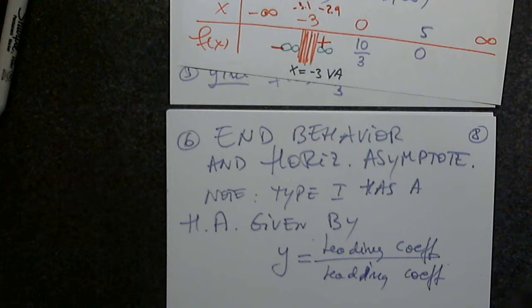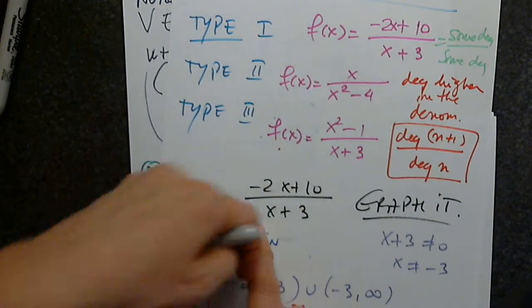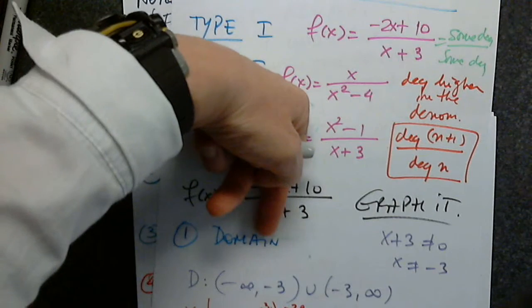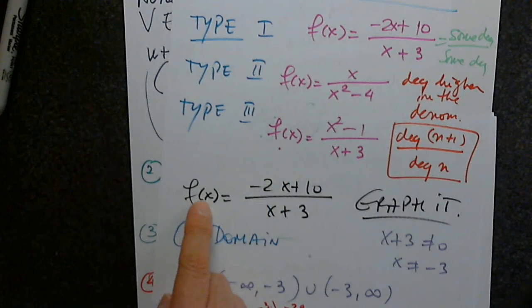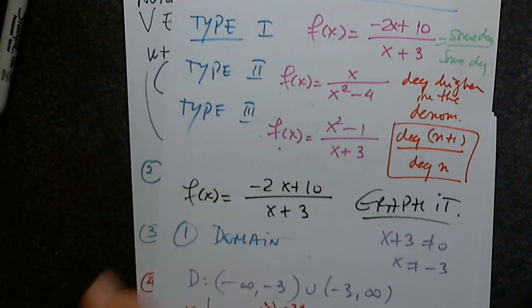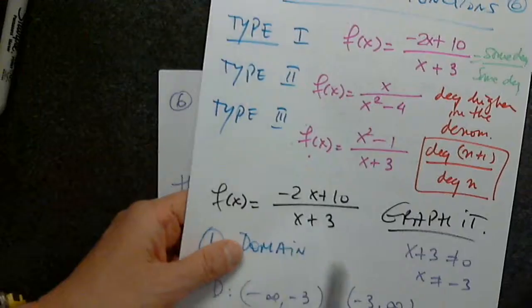Yes? That would be negative 10/3. 0, 0, 10/3. So we're not solving. F of 0, I replace x. Oh, it's +3. Yeah, I see. That's okay. So can anyone give us the leading coefficient of the top?